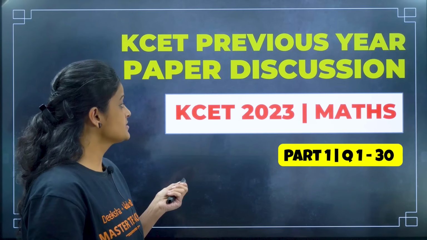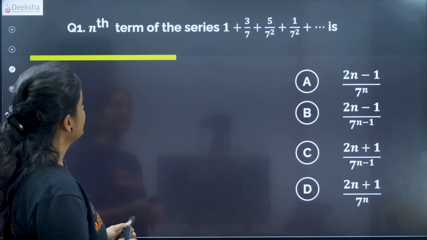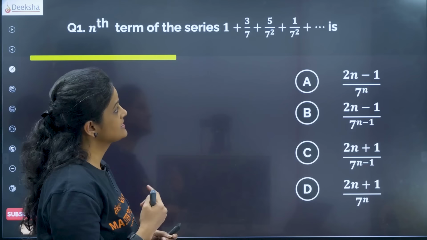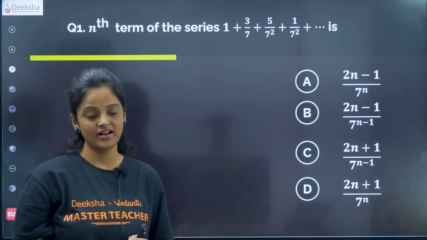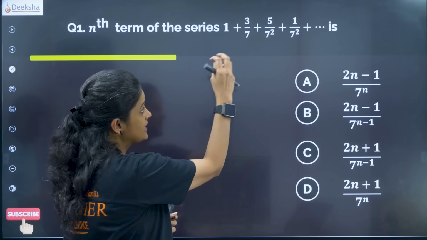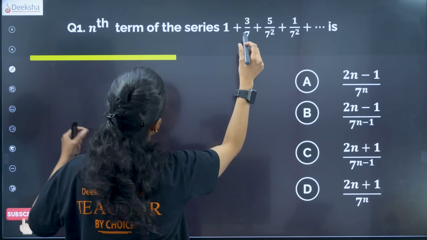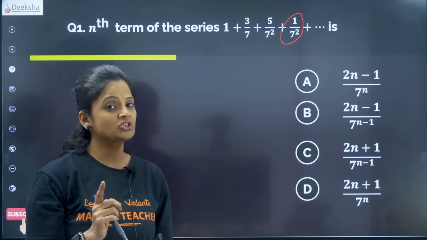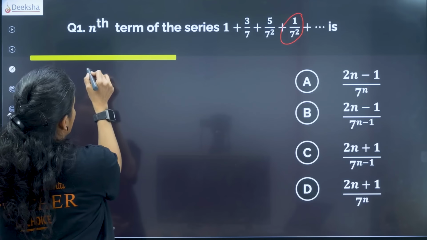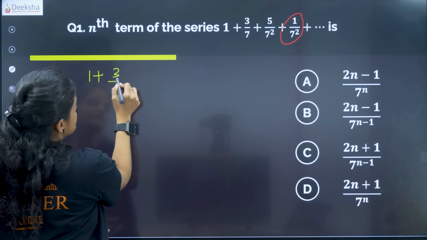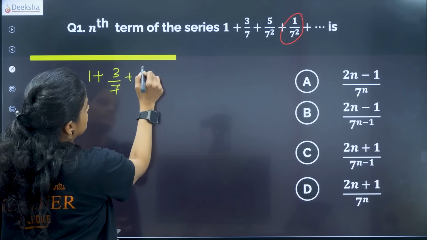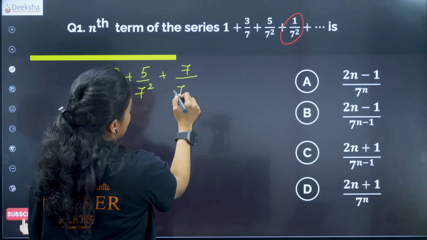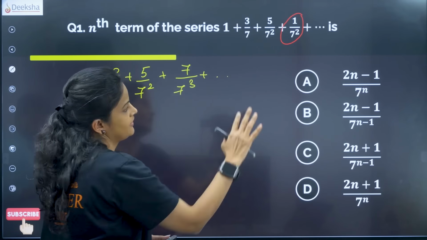Okay, so here I am starting with the first question. Nth term of the series 1 plus 3 by 7 plus 5 by 7 square plus 1 by 7 square and so on. First note that we see something is wrong in this term, right? Because it is repeated. Actually the term is 1 plus 3 by 7 plus 5 by 7 square plus 7 divided by 7 cube. On cancellation they have given that.